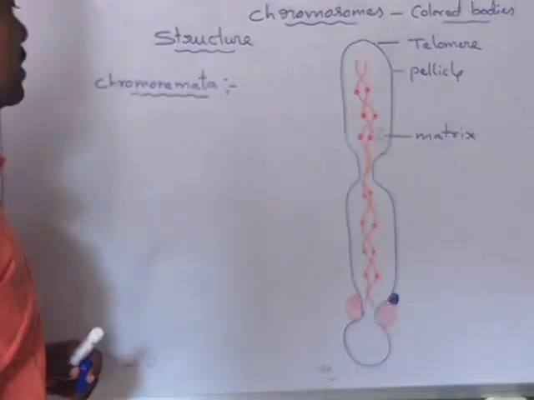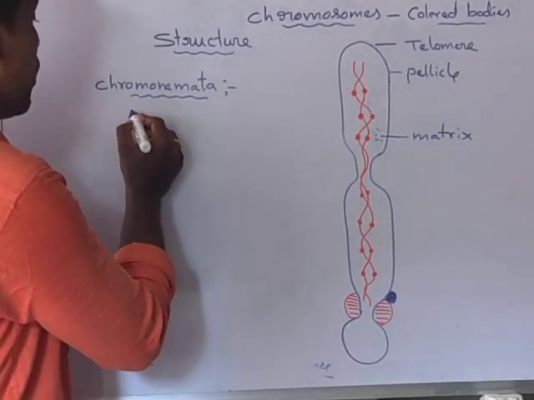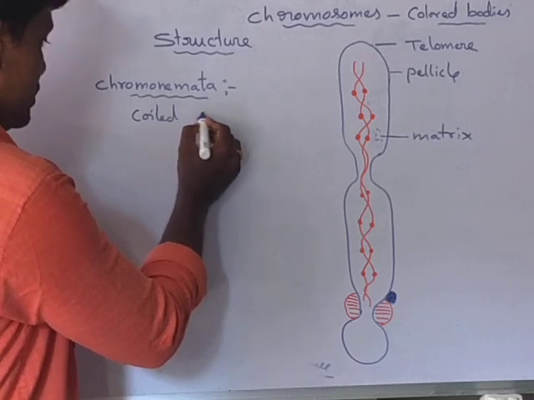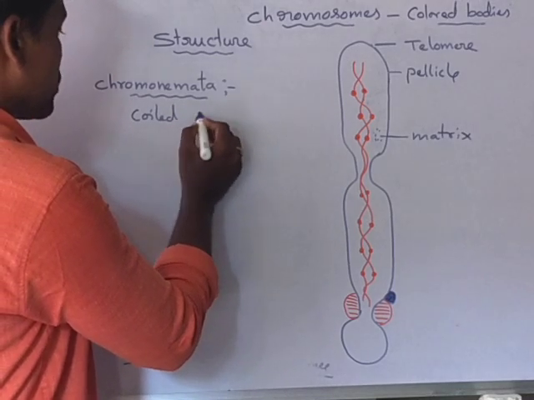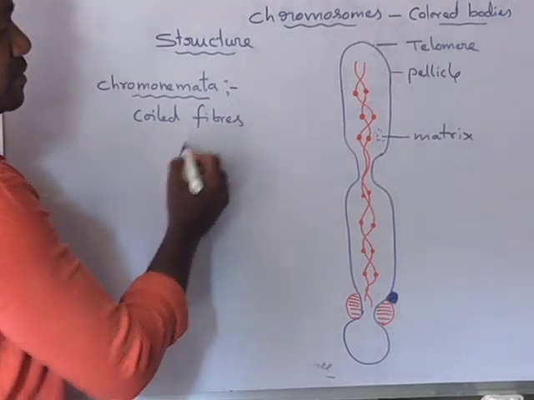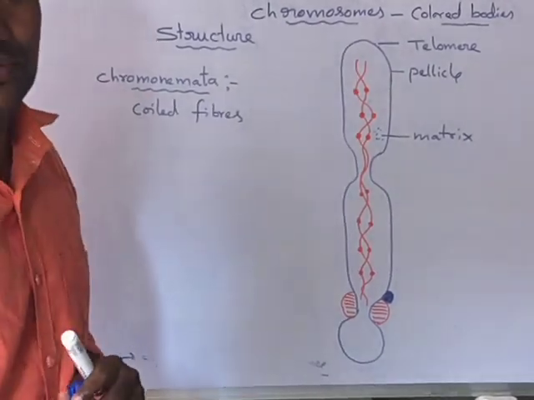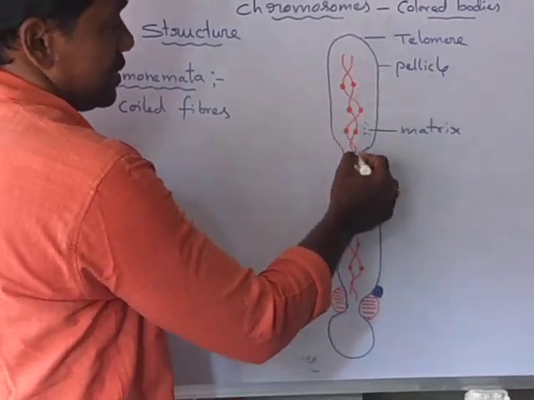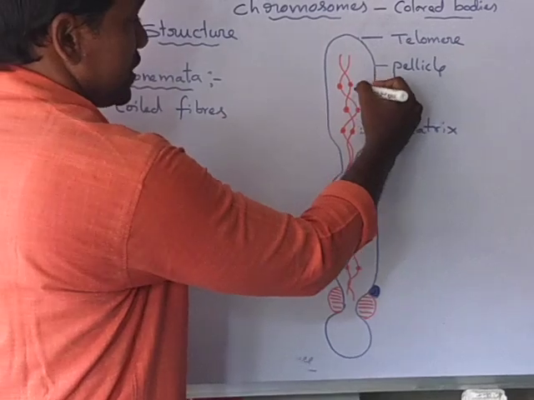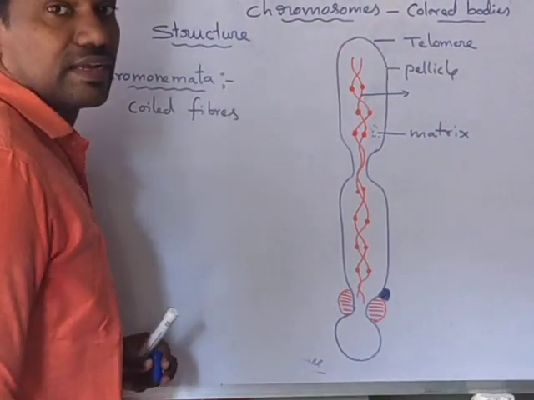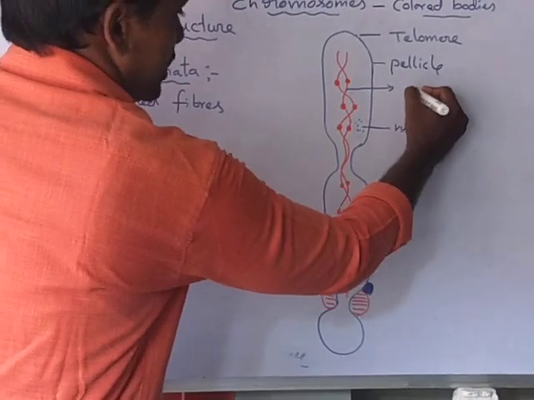Here the chromonema is a coiled-like structure, like coiled fibers. These are the red structures which are shown in this diagram. So these coiled-like structures are called chromonema.